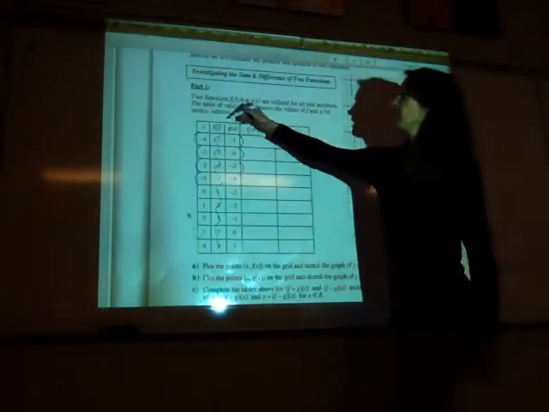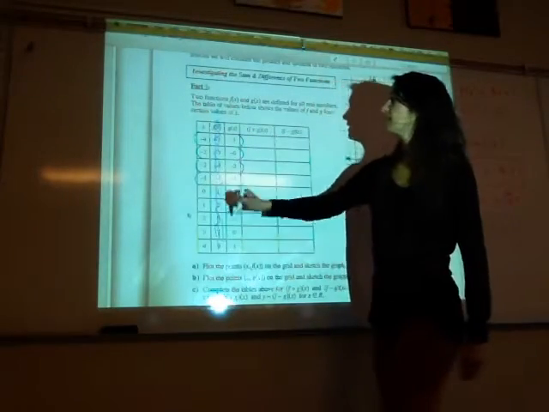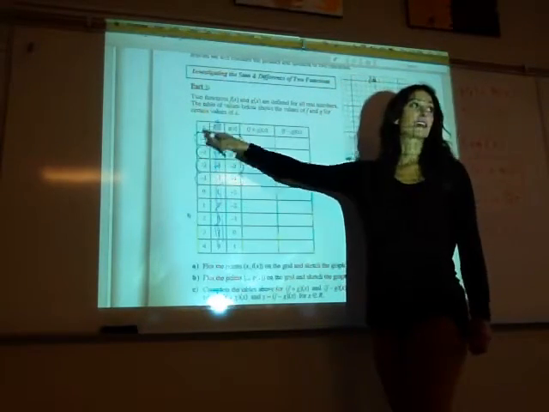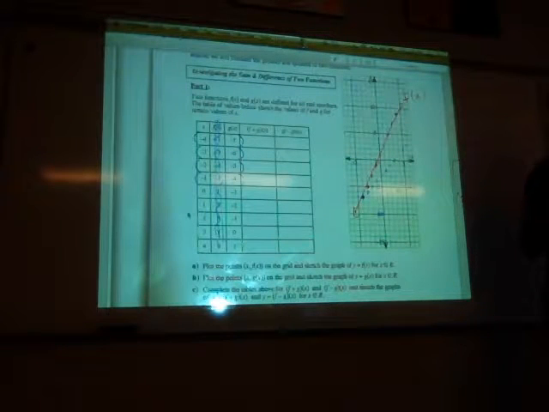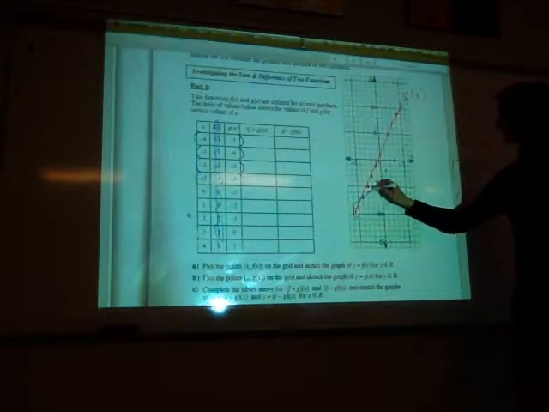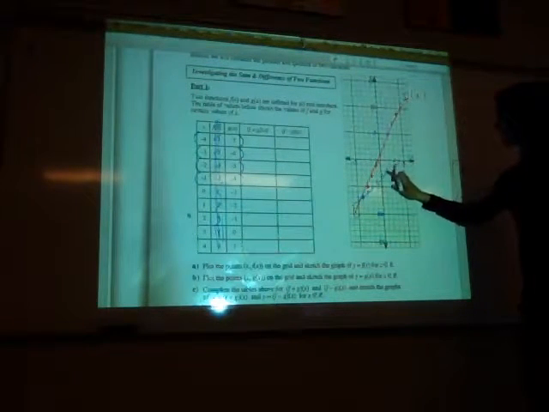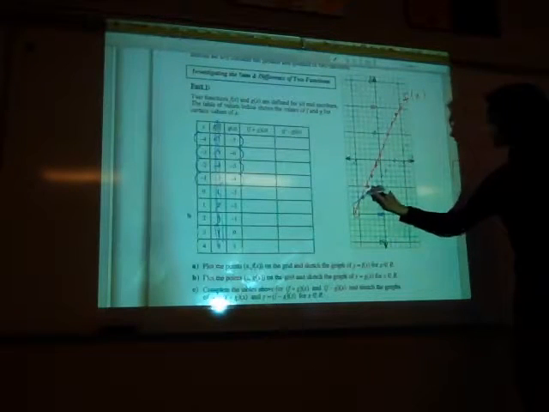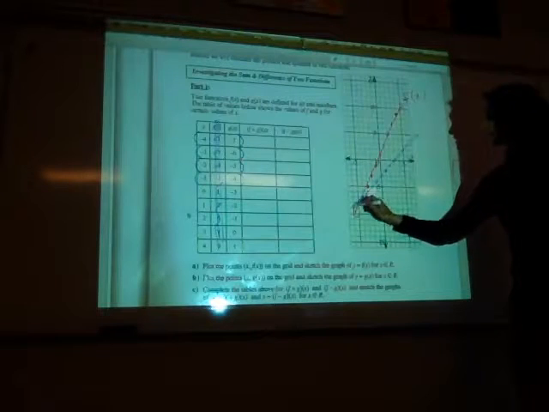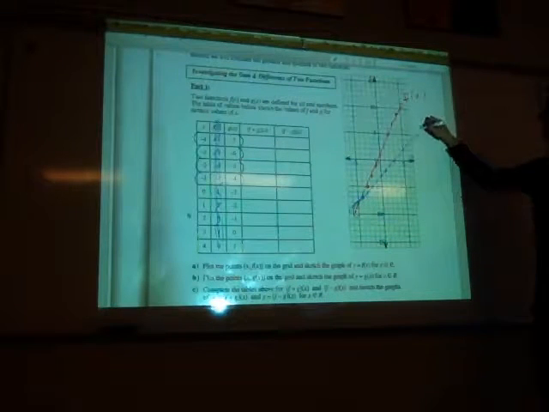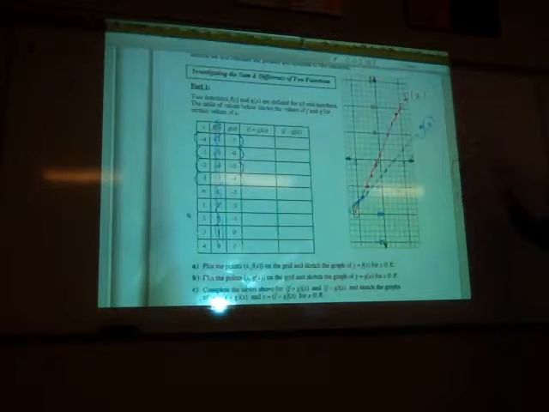So we're ignoring f of x, and we're using the coordinate of x and g of x. Then we can draw a line through. Straight line. And this is going to be labeled g of x.